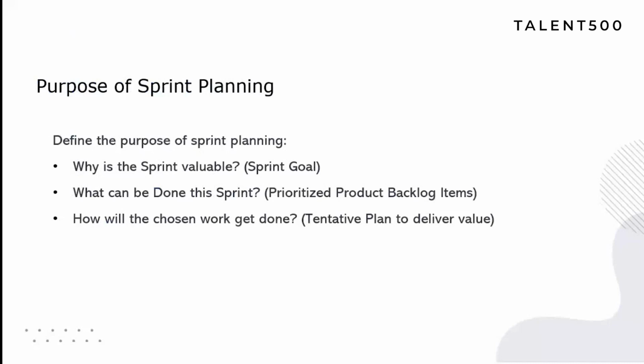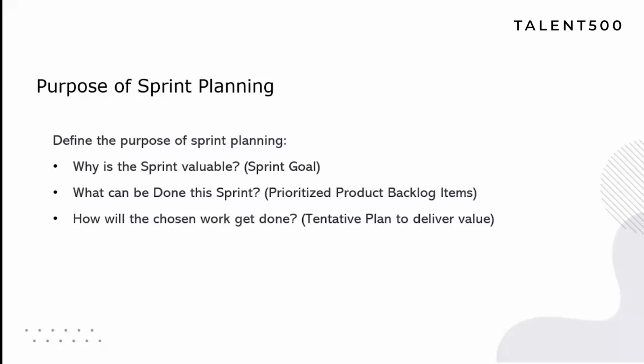The sprint goal is a subset of the product goal, which means the product goal is broken down into multiple sprint goals. For the current sprint, a sprint goal is identified, and this sprint goal answers why this sprint is valuable. Now, the sprint goal must be finalized prior to the end of sprint planning. Towards the end of sprint planning, the sprint goal must be identified by the Scrum team.